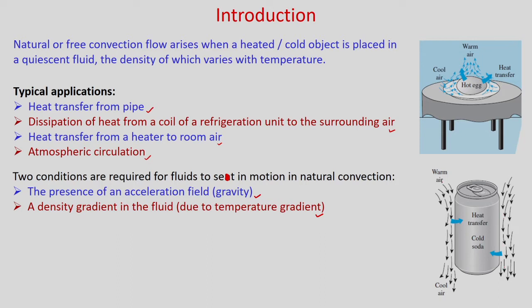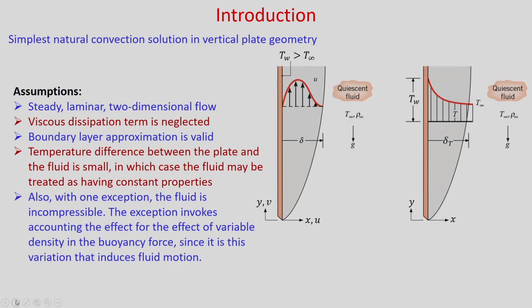So, obviously warm air will come into contact in the upper half and there will be heat transfer, due to that its density will increase and cool air will come down. So, these are some examples of natural convection. We can have the simplest natural convection solution for flow over a vertical plate.